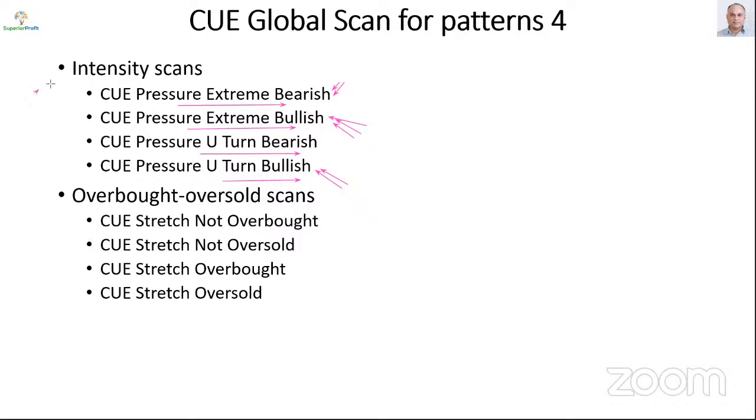Again, will you run these intensity scans every day? If you are open to trading all the different Q trade setups, go with flow, pullback, bounce, box, etc., for all the market conditions, you probably don't need to run these intensity scans or other pattern scans individually.